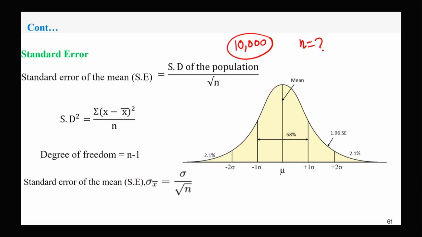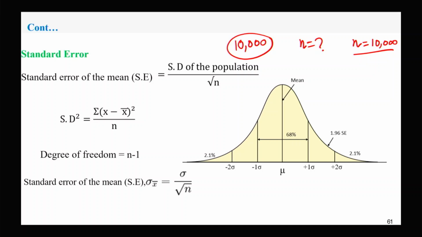Now if I take n equal to 10,000, by some means I want to be very correct, so I take all individual data and put in the effort to take the mass of every individual data point. In that case, what will be the sampling distribution?